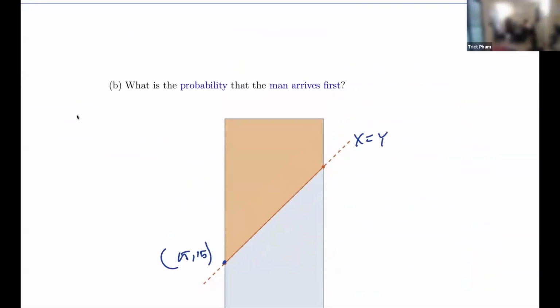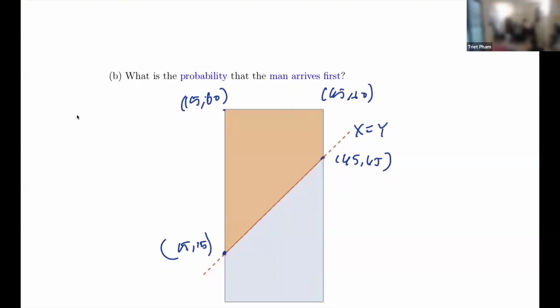This is 45, 45. And then this is 15, 60, and this is 45, 60. Which part do we want, the upper part or the lower part? P of x less than y, the upper part. Okay, good. And what's the area of that?